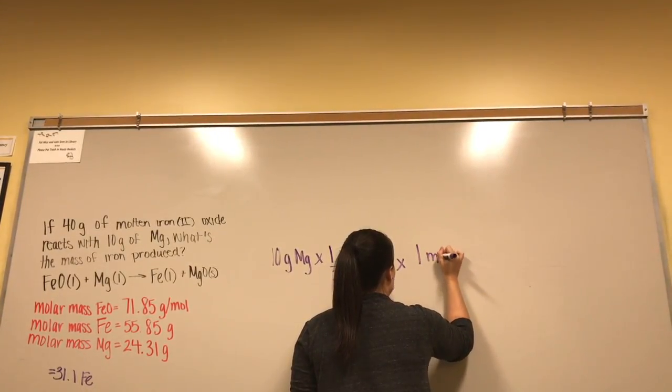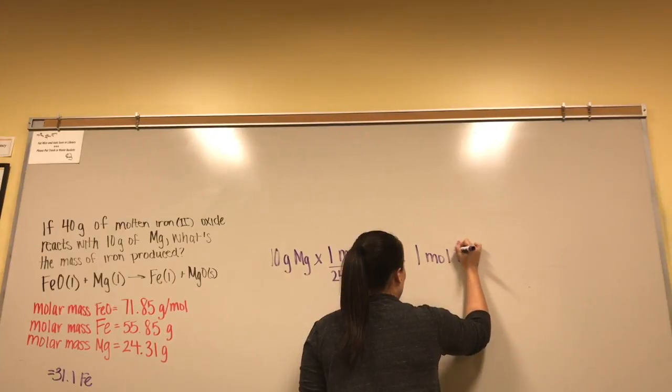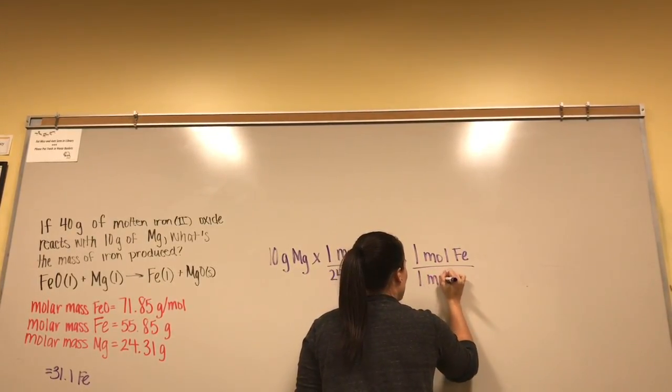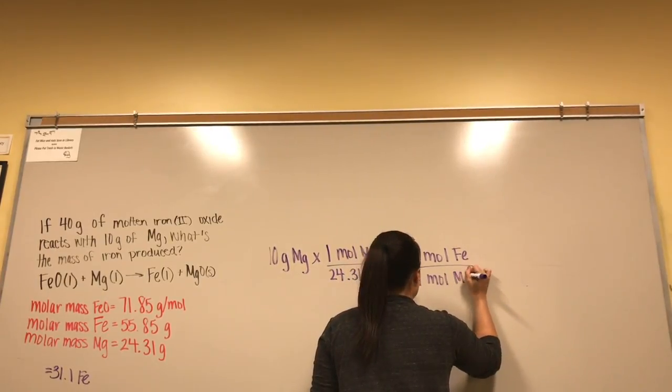So you have 1 mole of iron, since that's what we're trying to figure out, over 1 mole of magnesium.